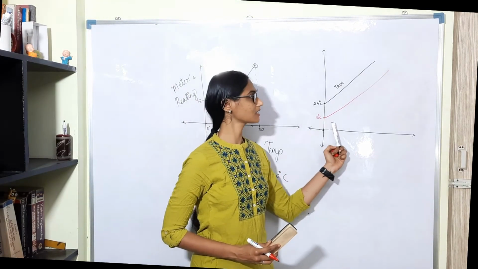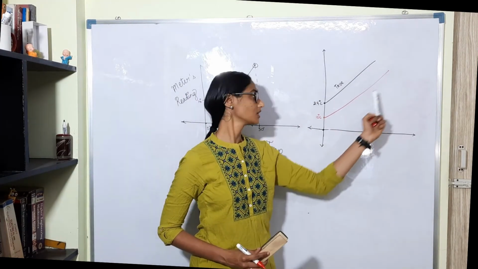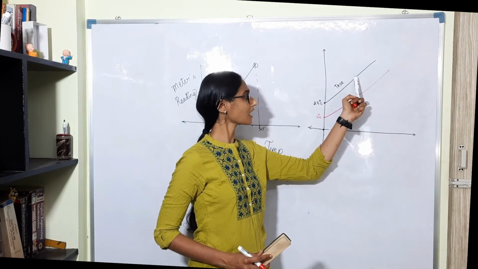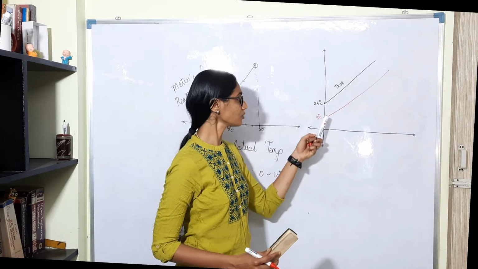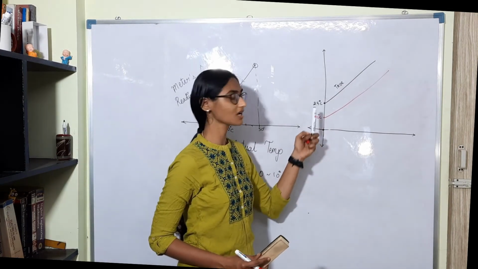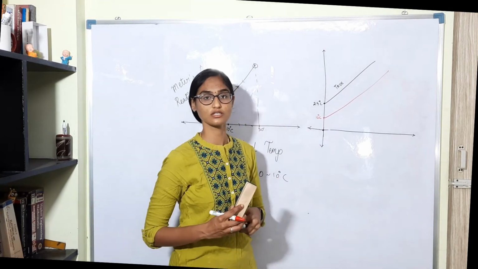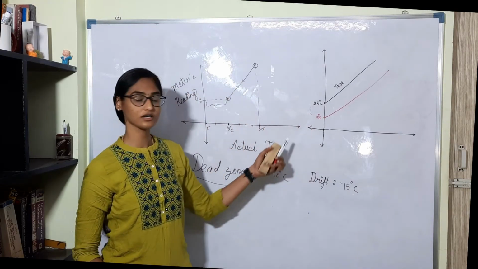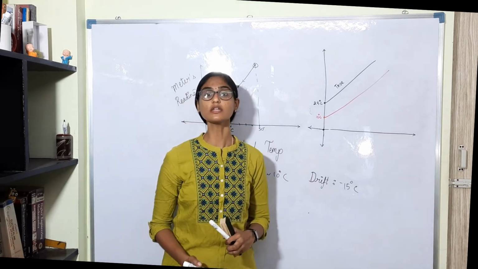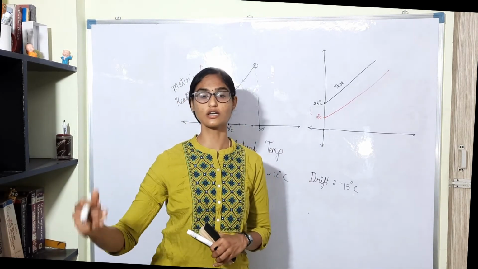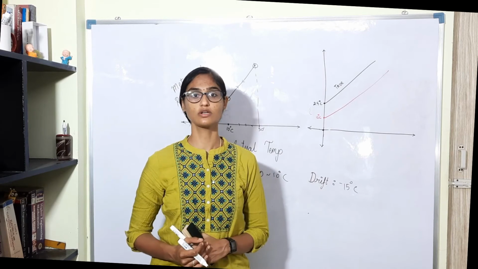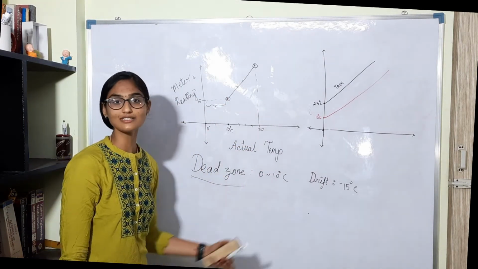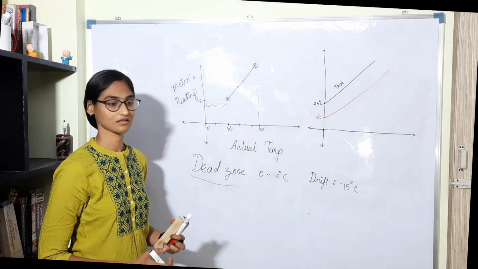And as the temperature continues to increase, there is an increase in your meter's reading as well, but it is not up to the true value. You need to add something to it in order to get the true value. This is called drift. So, this is the drift that your device is having, meaning that you need to add something to the reading in order to get the actual reading. These two things, the drift and the dead zone, are not desirable characteristics.